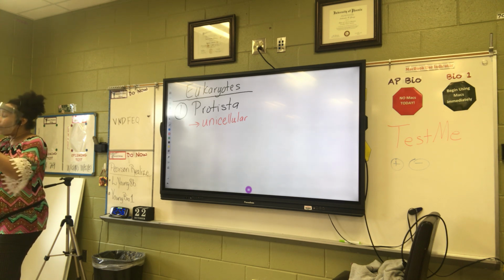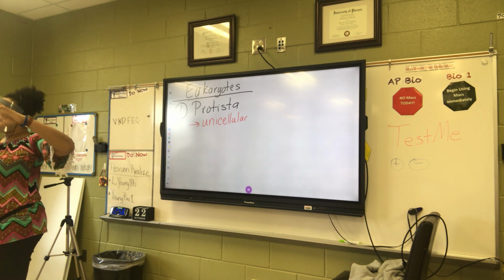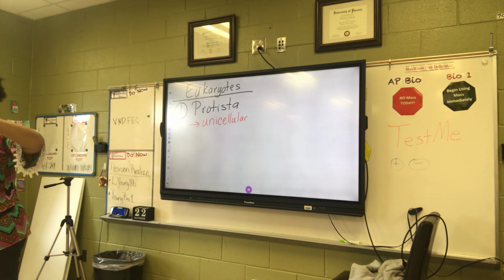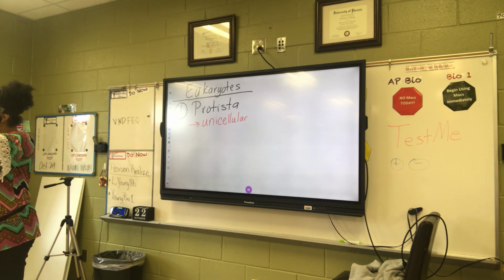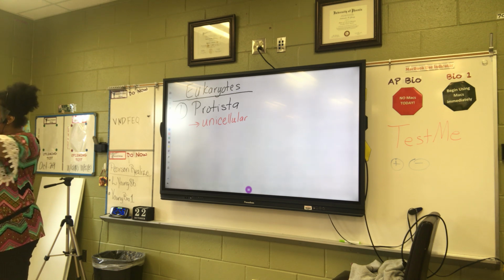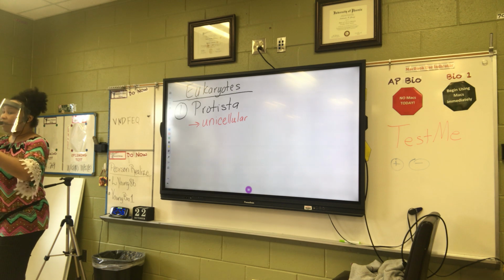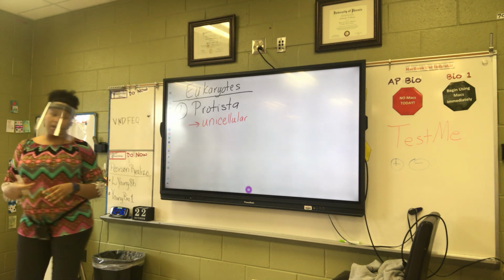Blow up until you do what? Pop. So a contractile vacuole helps to maintain the correct osmotic pressure or water pressure by pumping out excess water. Okay, so not only does it store water, but it also has the ability to pump out excess water to prevent that cell from swelling and lysing or bursting.